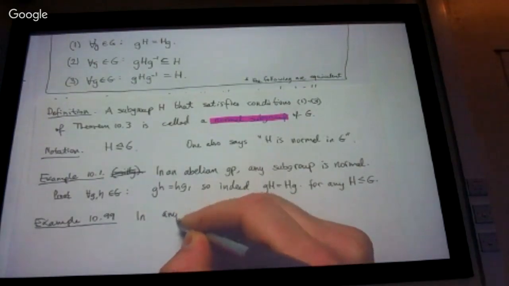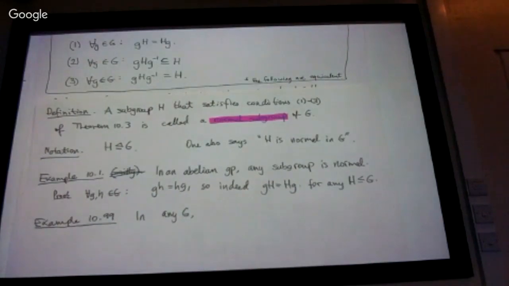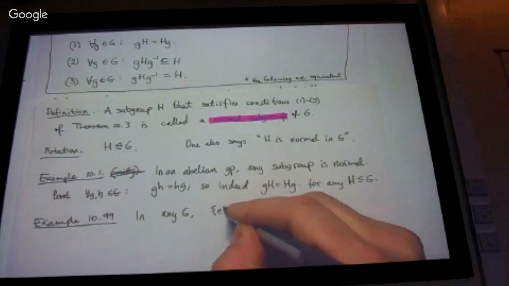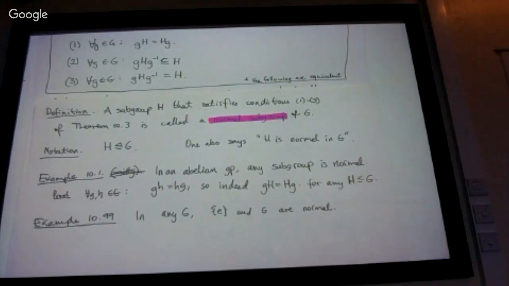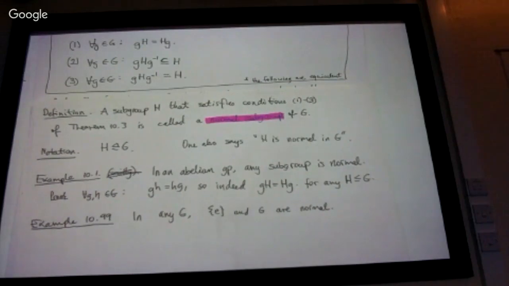In any G, there are always two normal subgroups: the trivial subgroup E and G itself. The cosets of E are all the one-element subsets of G, so they're the same left or right. And of G, there's only one coset, so that's the same left or right.